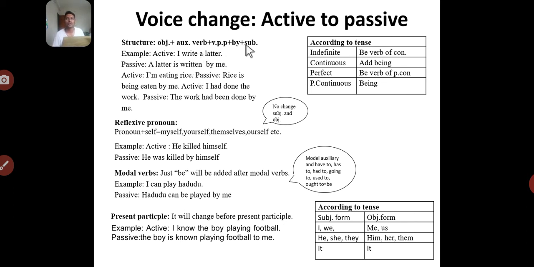Then we use by, and we bring the subject of the verb as its objective form. So I is the subject and its objective form is me.